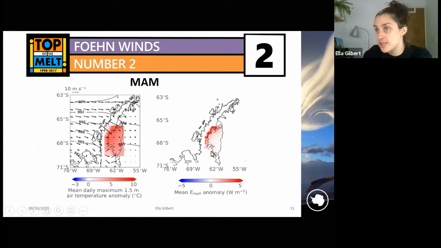And you can see that it produces almost exactly the east-west, curled-around gradient that we saw in the satellite observations of surface melting. So this suggests very strongly that this period of cross-peninsular flow is resulting in the melt anomalies that we see, and that foehn are associated with this.